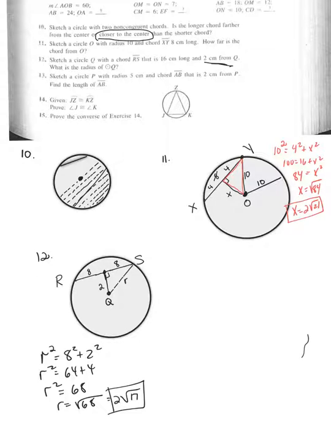Okay? All right, and the last one that I wanted us to look at, number 13. Sketch a circle P. Okay, let me get my pretty circle up here.